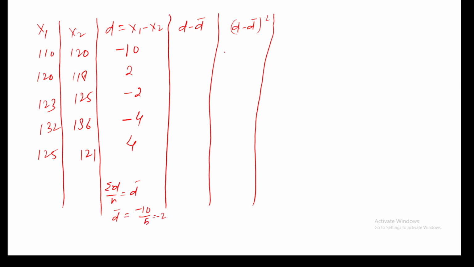Is it correct now? 64, 16, 0, 4, 36. If we do the summation of d minus d bar whole square, it will come somewhere 64, 36, it will be 100, 100 plus 120. Is it correct now?